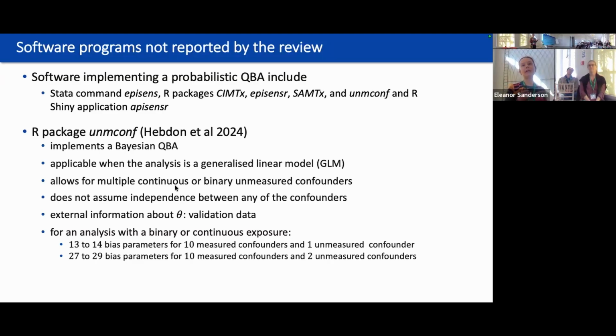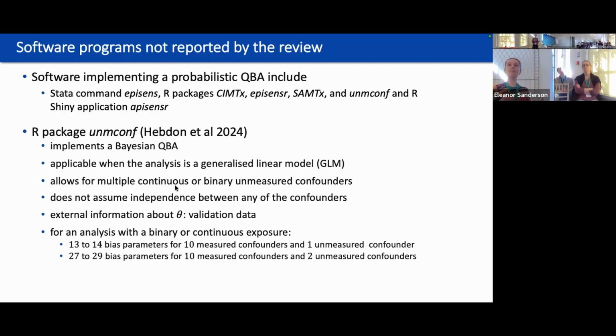And if you have two unmeasured confounders, then you have between 27 to 29 bias parameters. And importantly here, the number of bias parameters is linked to the number of measured confounders you have in your study, which in an observational study, you can have quite a few. So it's likely you're going to have a lot of bias parameters, and trying to source information on those bias parameters is going to be very challenging.